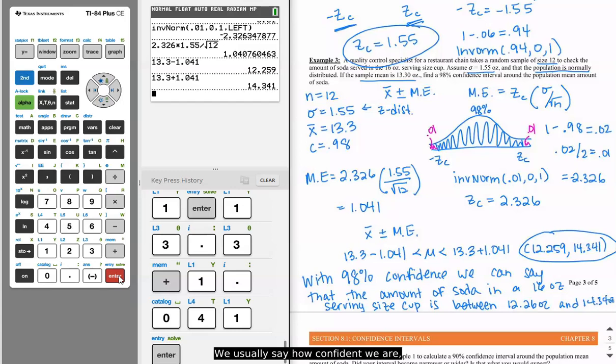We usually say how confident we are, so with the 98% confidence interval, and then we can just say what we actually found. So we're talking about the soda and what we found.